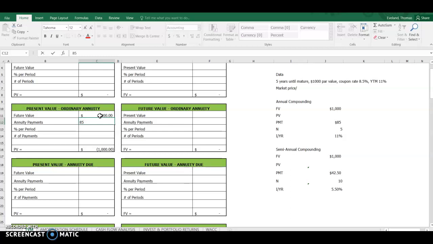8.5% times 1,000. Now here's where we use the yield to maturity of 11%, because we want to use that yield to maturity essentially as our discount rate to show us what we can pay for this bond if we purchase it in today's environment. So we will go ahead and use the full 11%.